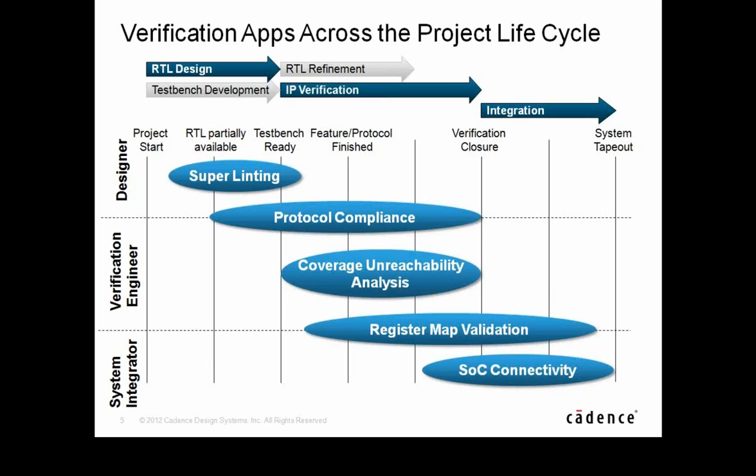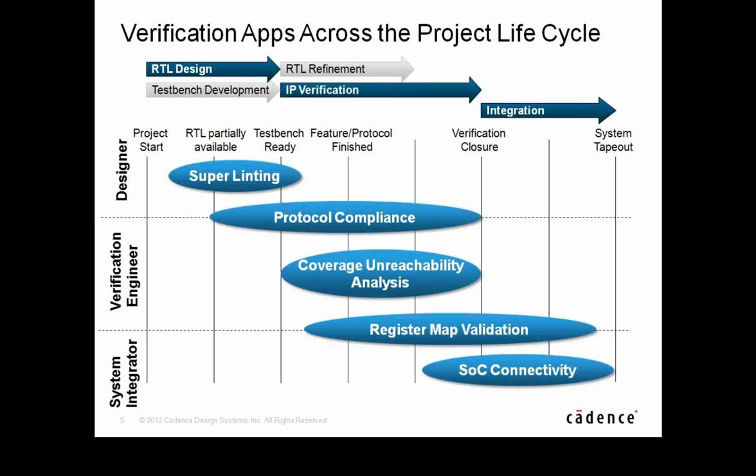So that's the protocol compliance app. It can be used across multiple phases of the project lifecycle. Then coverage unreachability, I'm going to talk in a bit more detail about that.